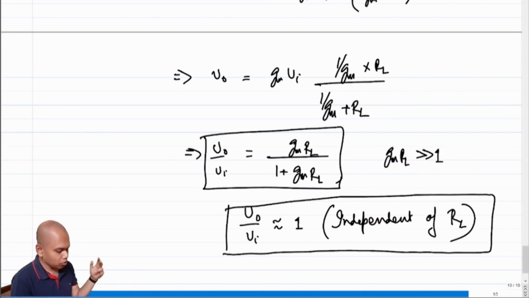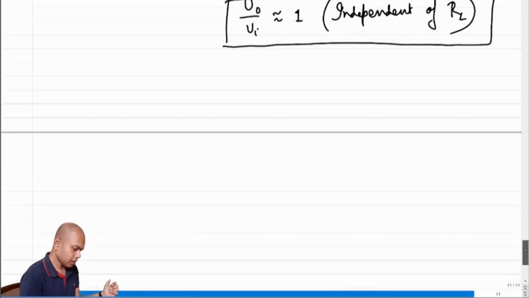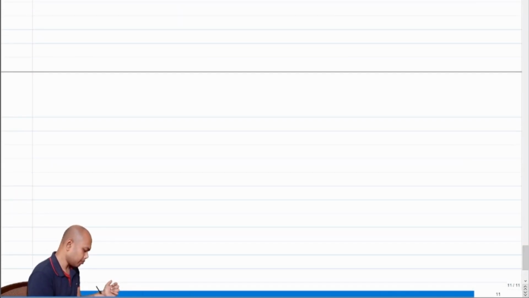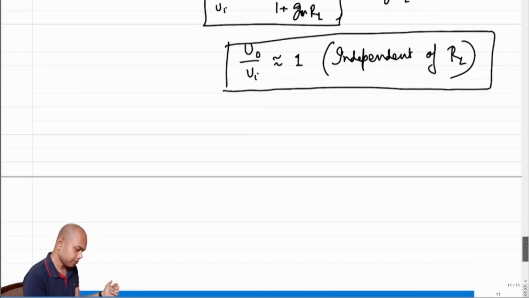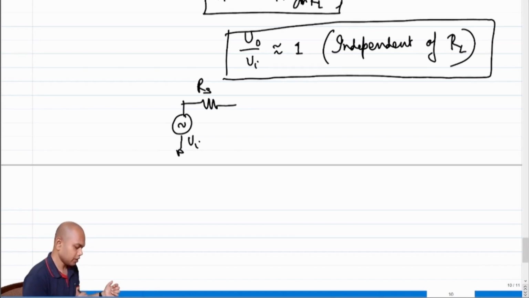Now obviously there are two very critical questions that might arise. The first is why should I bother making something which gives me a gain of 1? So the answer to that is the following. Let's take a number. Let's say we have a voltage source Vi and I have a resistance Rs which comes with the voltage source.